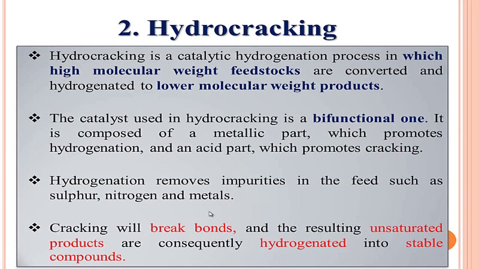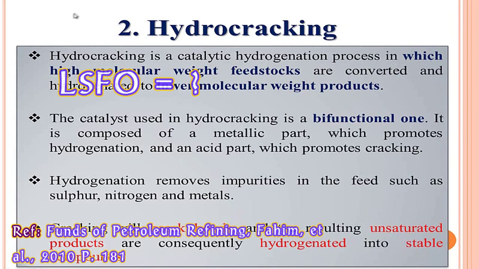Okay, we have done the understanding of hydrotreating and hydrogenation, and now we are coming to hydrocracking. We finished number 1 and number 3, and now we come to number 2. Actually, we discussed this before in chapter 5 in the textbook.